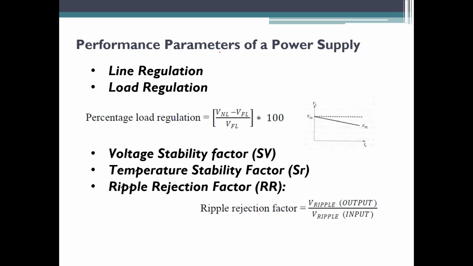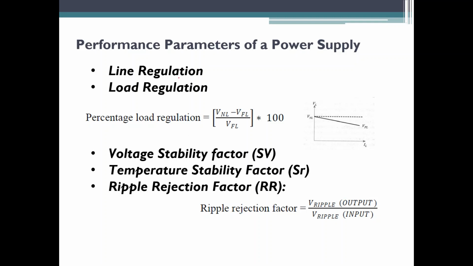Remember, factors are different from parameters. When I speak about the factors, those are the ones which are outside of your DC voltage source. Performance parameters are with respect to, or within, the power source.